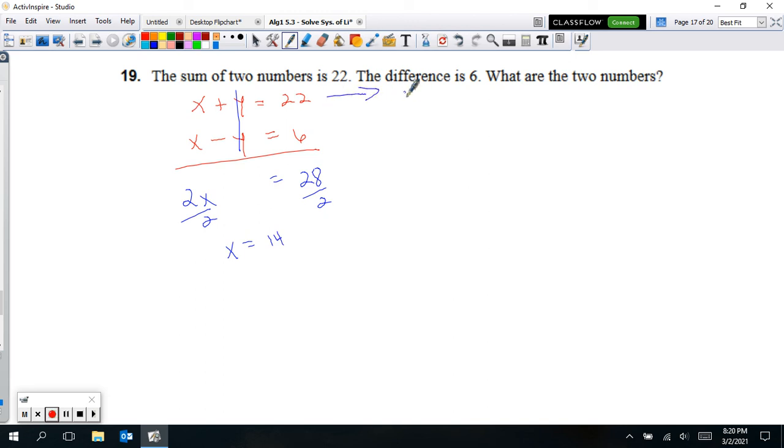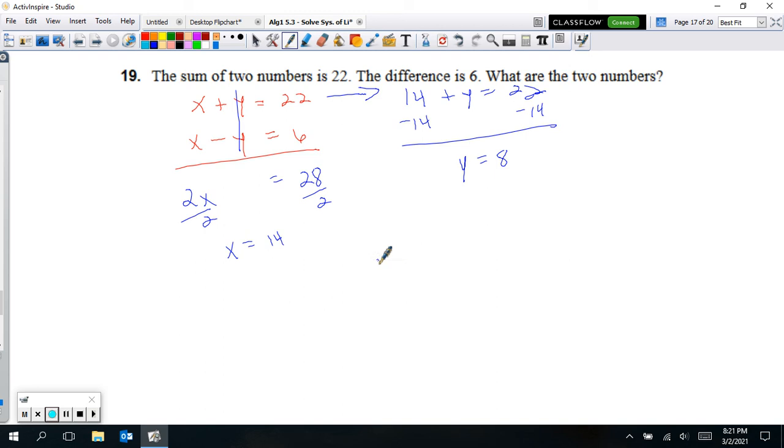So if x is 14, 14 plus y is equal to 22. Subtract 14 from both sides. And so we can see that y is equal to 22 minus 14. That's going to end up being 8.